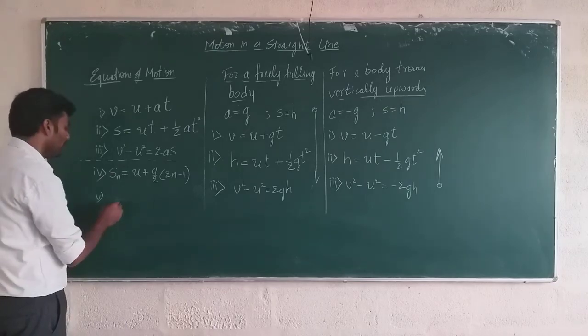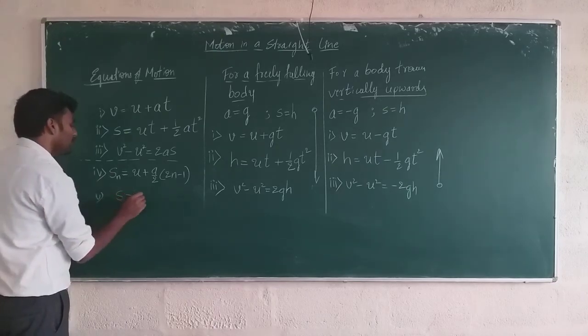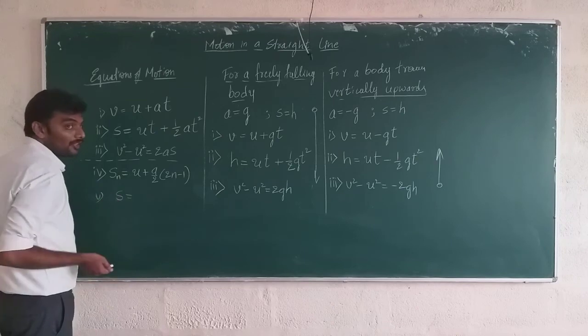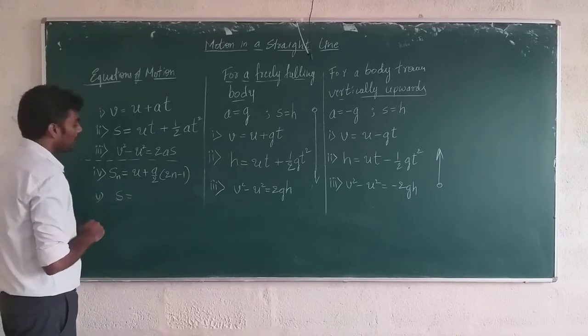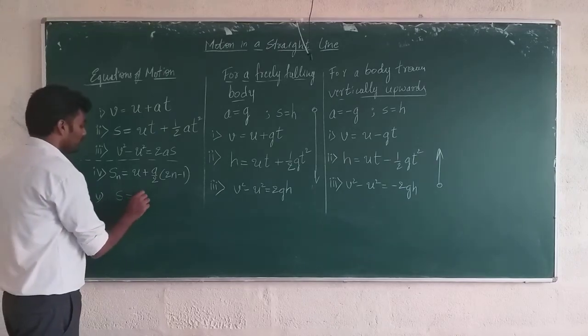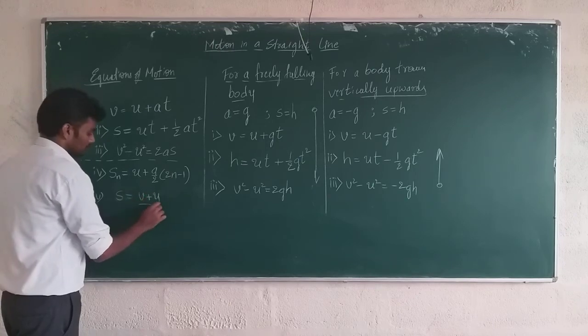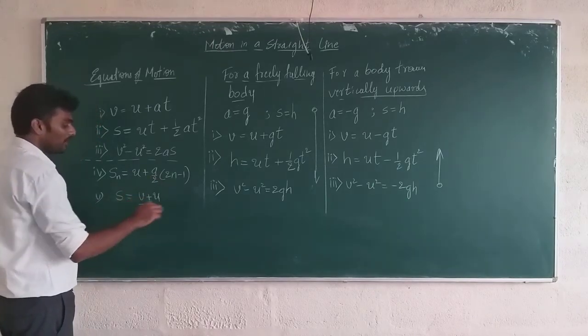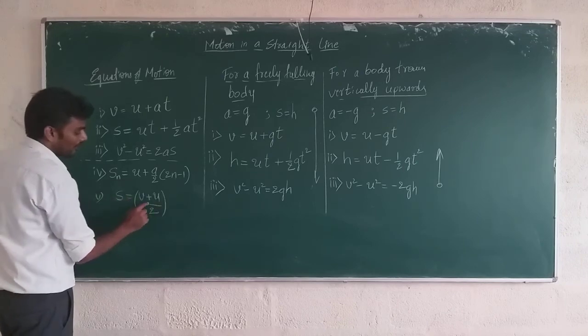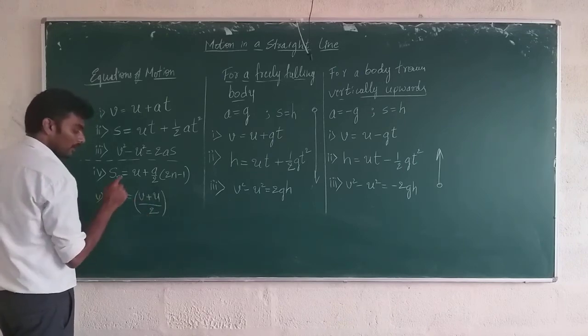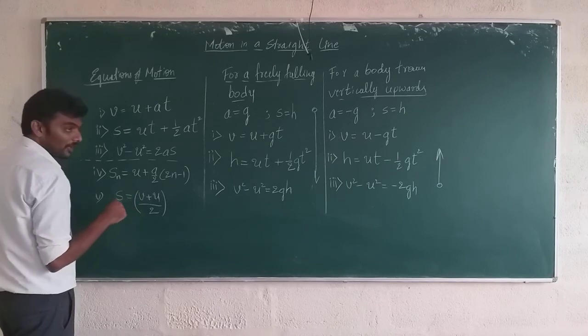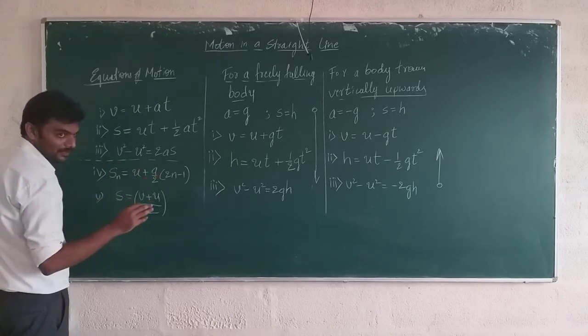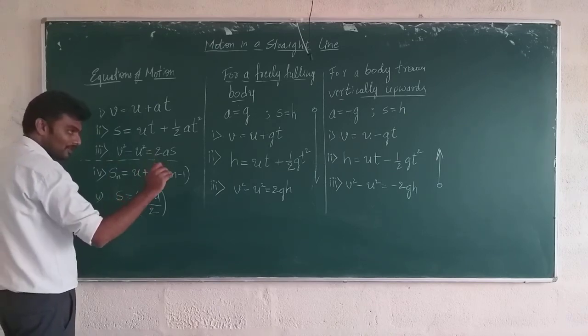One more formula is displacement is average velocity into time. Average velocity is v plus u by 2, final velocity plus initial velocity by 2. This is the expression for average velocity when the body has uniform acceleration.